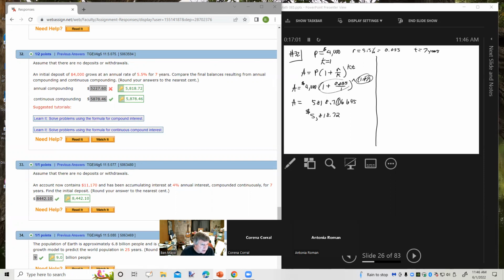Now, the second part, it says continuous compounding. So we're going to use this formula. So we're going to get that.